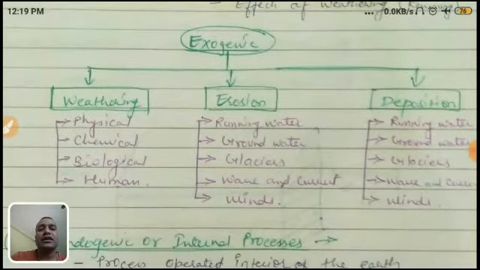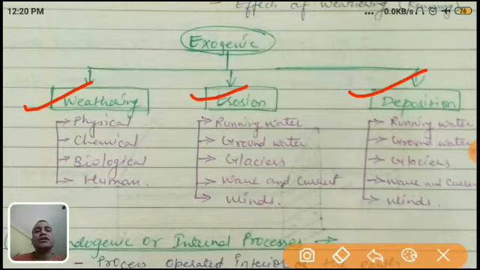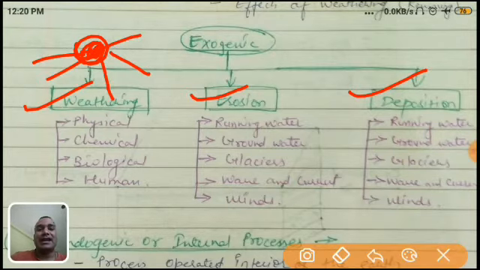So this is the exogenic or external process. It is done by three processes: weathering, erosion and deposition. These three processes are interlinked together. Always remember, they are all interlinked. Weathering, which I already explained: there is a piece of rock, and when the heat of the sun is applied on it, it expands and contracts.